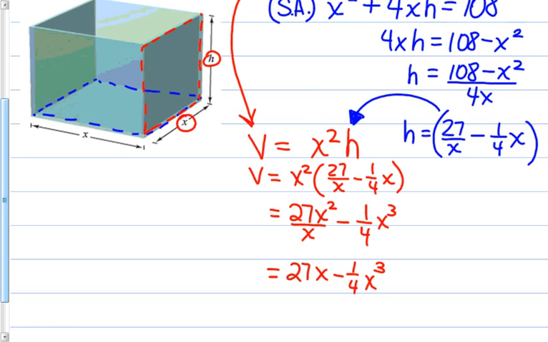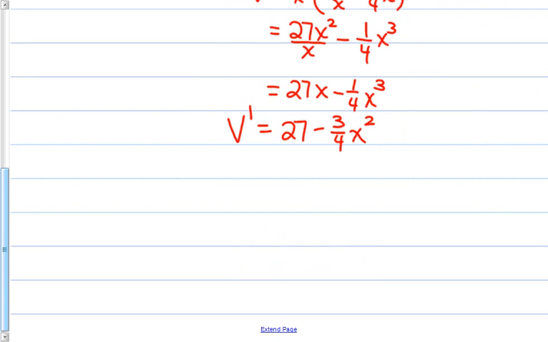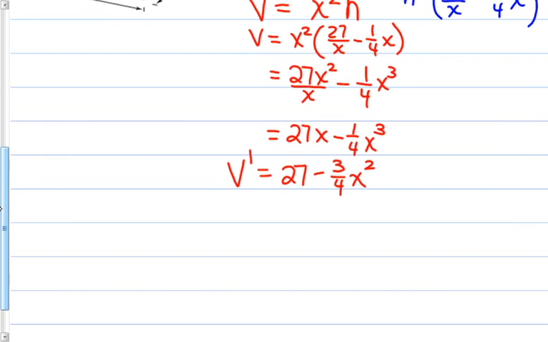So there's my volume. In order to find the x that will actually give me a minimum or a maximum, depending on what they asked you for, I need to derive. So take the derivative of your equation, and you get 27 minus 3/4 x squared. And then take that derivative and find the solution for x to zeros, so you set it equal to 0.